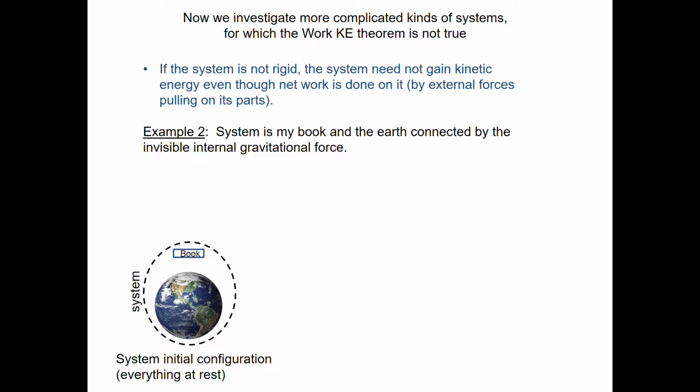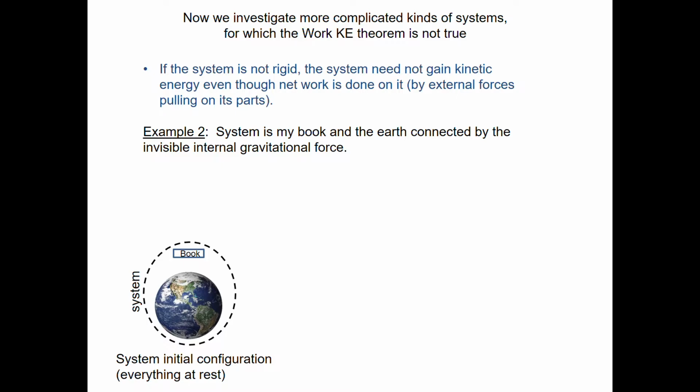Here's another example. Let's imagine my system is a book that maybe I'm holding with my hand, and the earth underneath it. So the system consists of a book and the earth and the internal gravitational force between them.